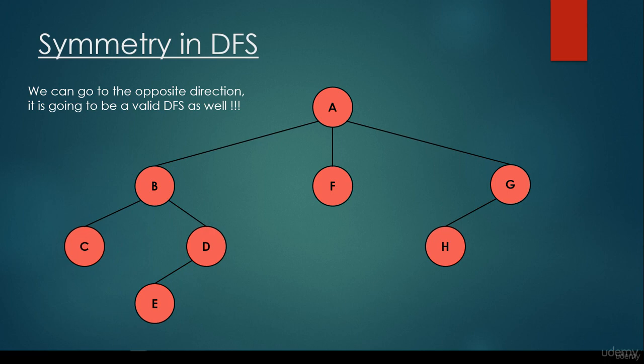We have to go to the right whenever it's possible. We can't vary it so that first we go to the right, then we go to the left. I mean that we visit the right subtree, then the left subtree. We have to be consistent. But it doesn't matter whether we go to the left subtree or the right subtree, it's going to be a valid depth first search implementation. So basically that's all about depth first search. Thanks for watching.